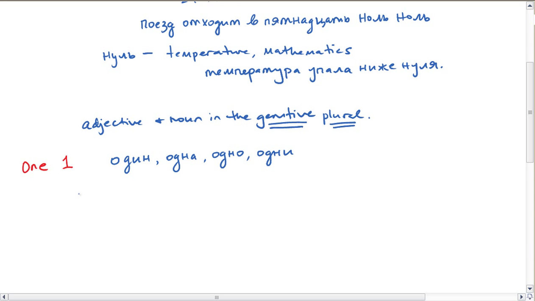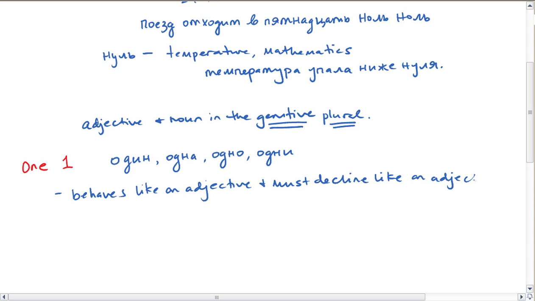This number behaves like an adjective and must decline like an adjective. So the endings that you have for adjectives with all the different cases are the same that you would have for the number 1.